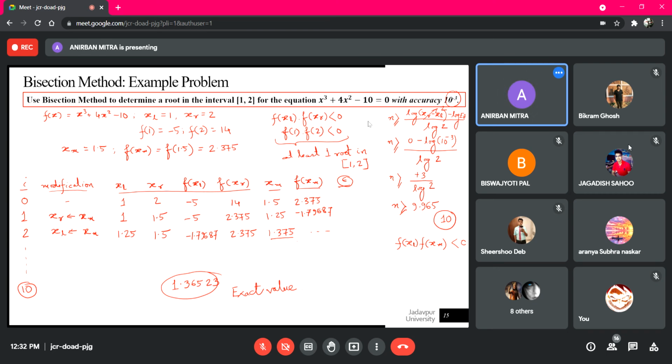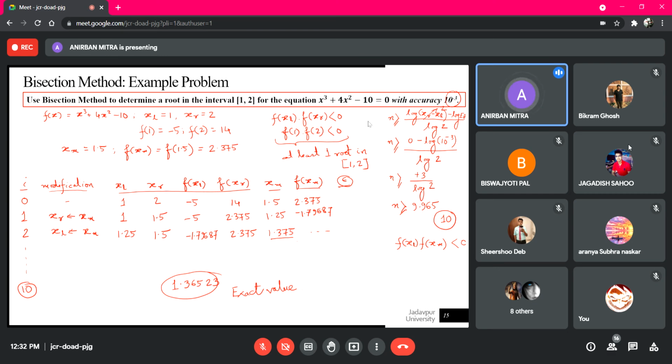But a very important thing to keep in mind is that in numerical calculations, it is almost impossible to consider something exactly equal to 0. That is why you have to keep a tolerance value.